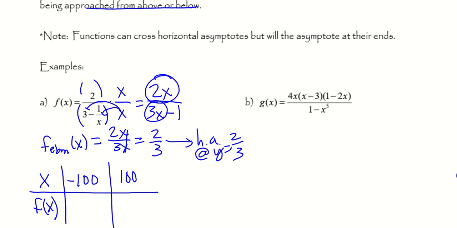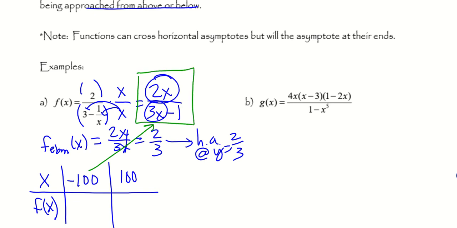Now in the scope of infinity, negative 100 and 100 aren't very big, but they're usually big enough to tell us what a function is doing at its ends. And we're going to plug those in for x into our simplified rational function.